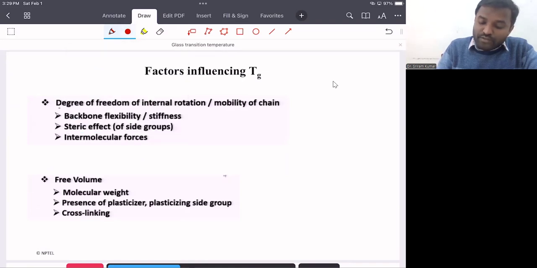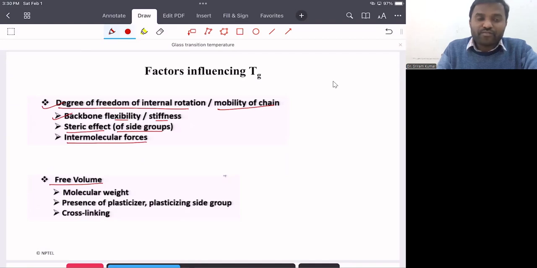One is the degree of freedom of internal rotation, or the mobility of the chain, or maybe we can manipulate the free volume in the polymer. If you think about manipulating the degree of freedom of internal rotation, we can consider the backbone flexibility or stiffness, or the steric effect of the side group, and the intermolecular forces.